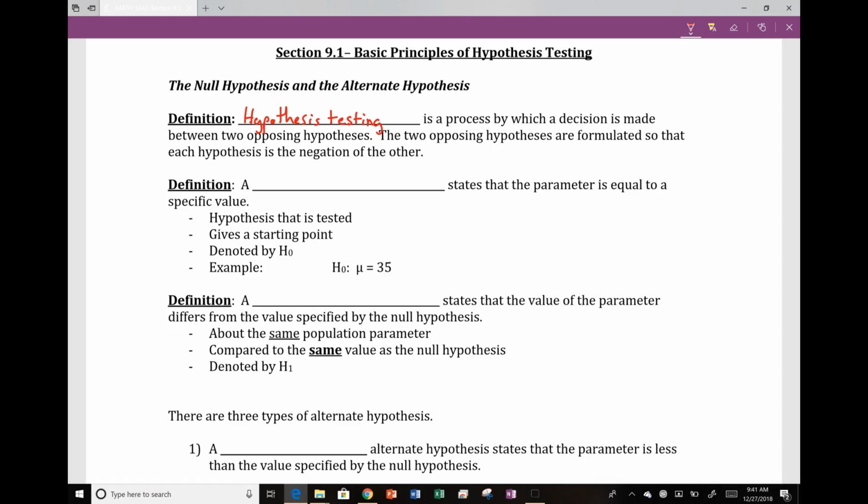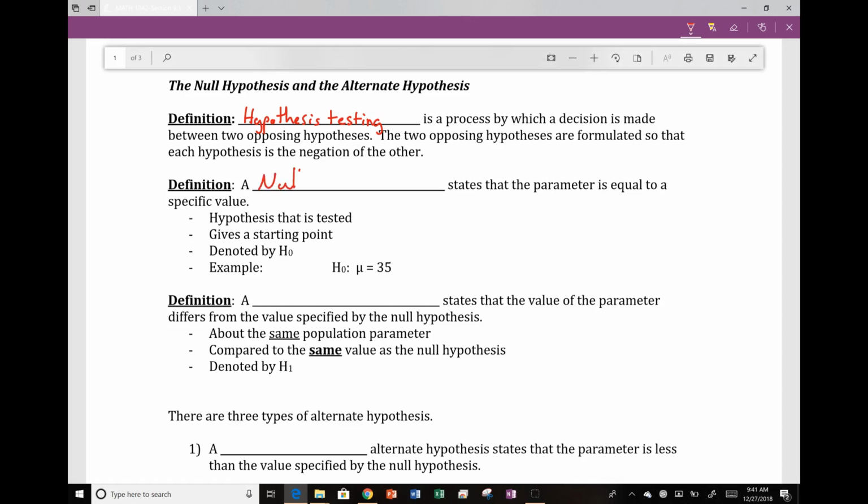The first one is called a null hypothesis. A null hypothesis is the one that we actually assume to be true to begin with. It states that the parameter, mu, sigma, sigma squared, any of those, is equal to a specific value.